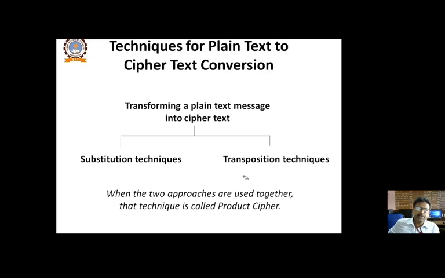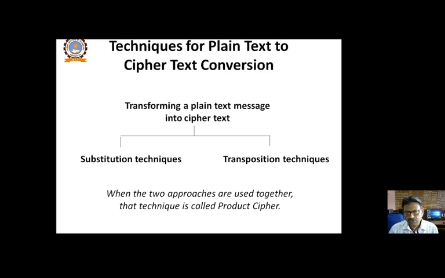Now we have many techniques by which we can convert the plain text into the ciphertext. And there are 2 basic techniques. One is called substitution techniques and another is called transposition techniques. Substitution technique is a technique in which we replace one character, one alphabet, by another alphabet.